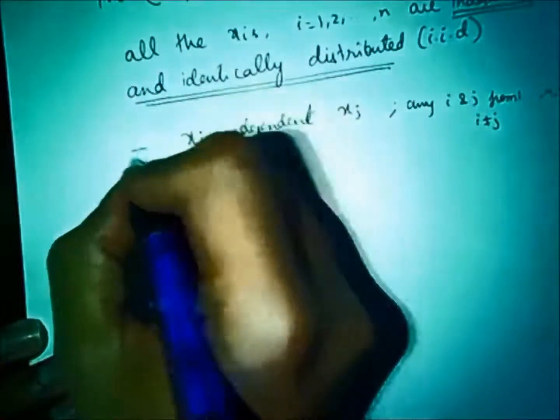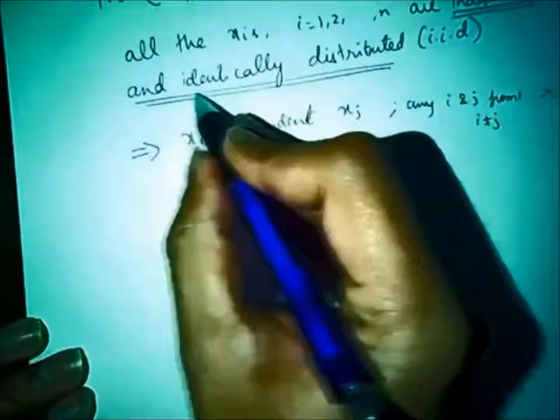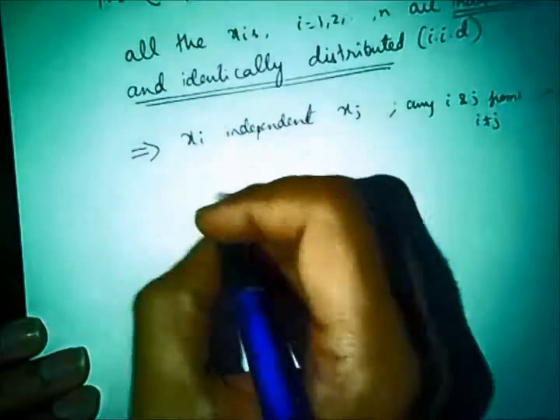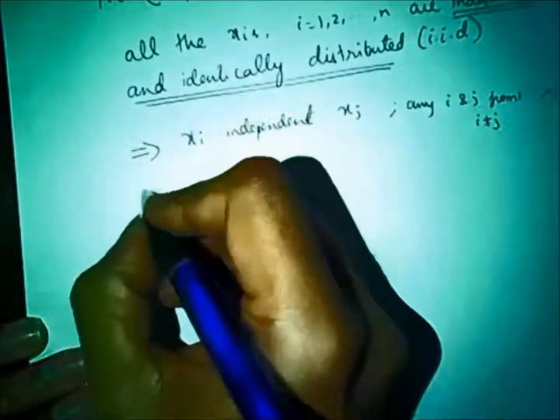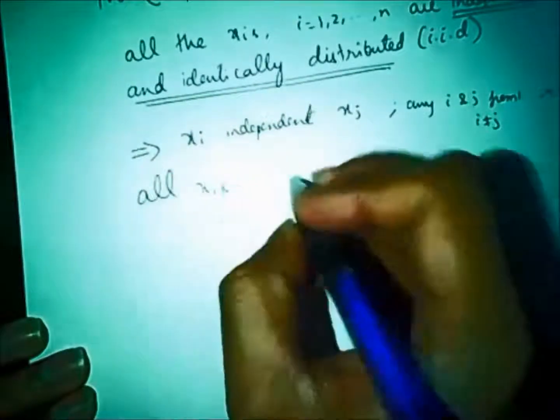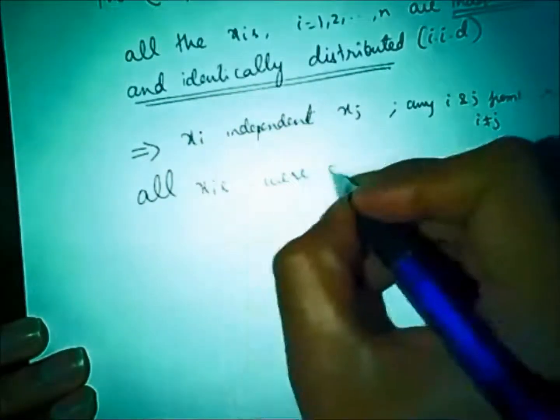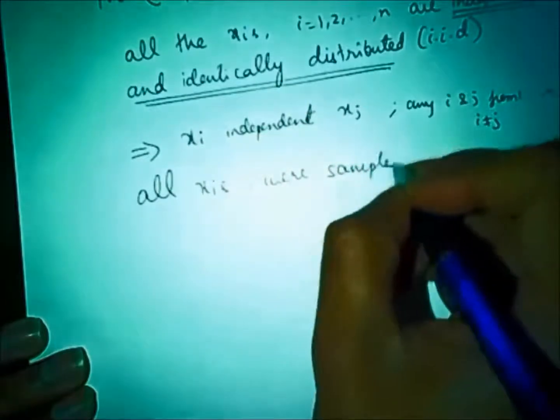This is the independence property, and the identically distributed means that all of the xi's were sampled from the same Bernoulli distribution.